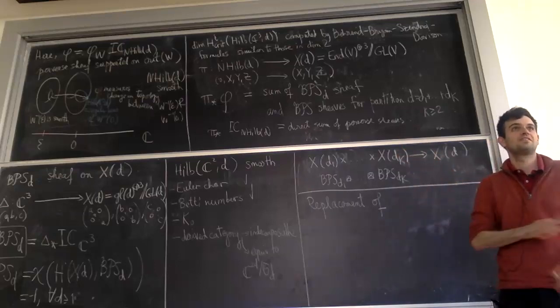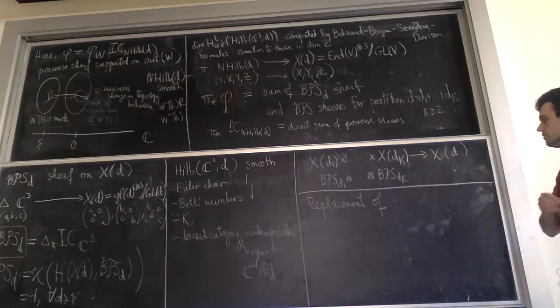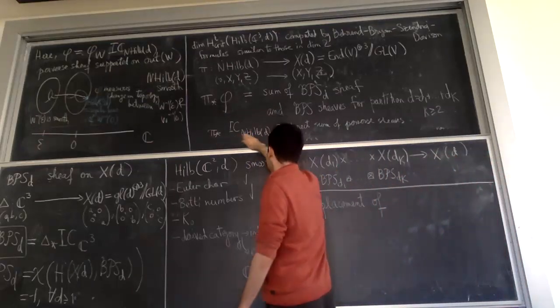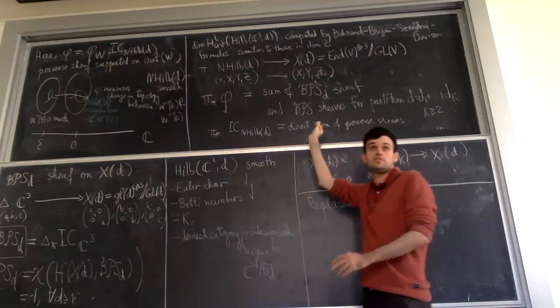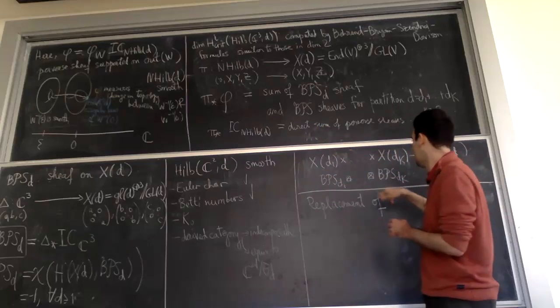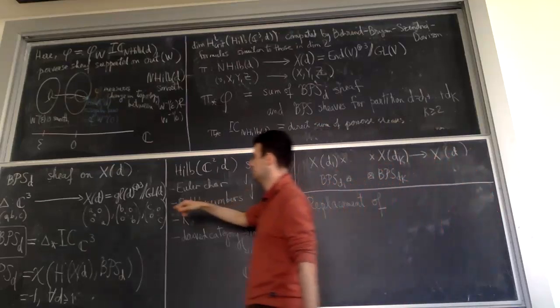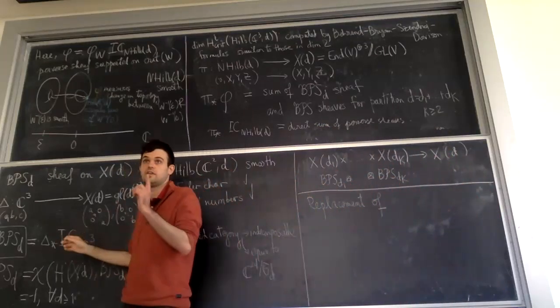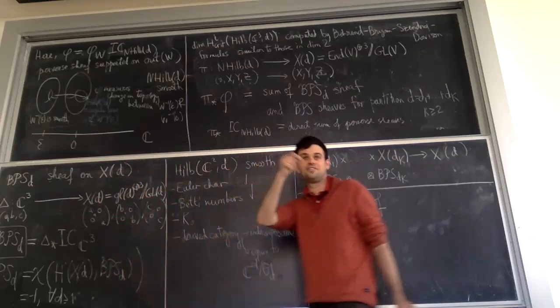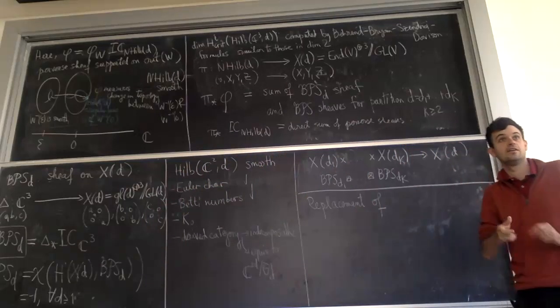I never worried about that. But here, once you actually have this formula in terms of BPS sheaves, the Betti numbers are easy to read, because this is C^3, so you know that it contributes in only one dimension, and then you have some explicit shifts. So then you get a formula for each individual H^i.